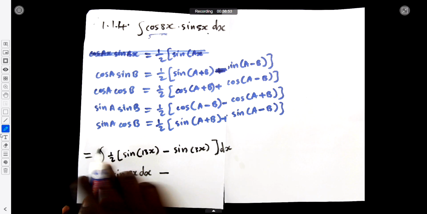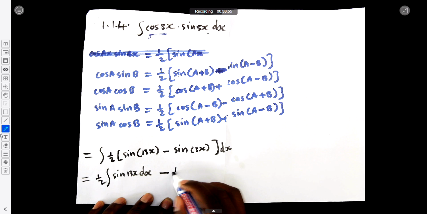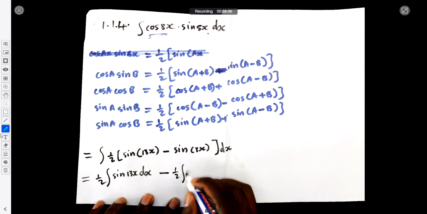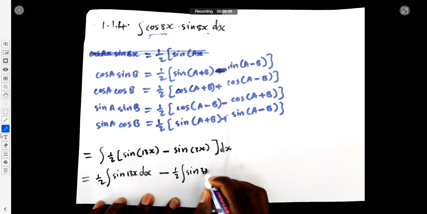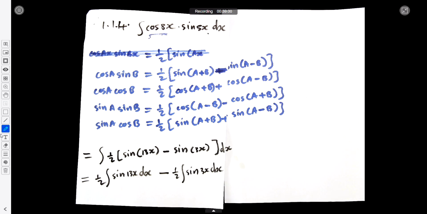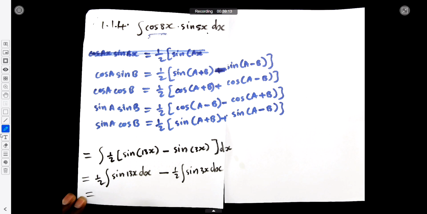Therefore, minus half still multiplies the integral of sine 3x dx. So at least we have individual functions, not product of functions. That identity helps us to have the difference of functions. So therefore, we can now integrate.